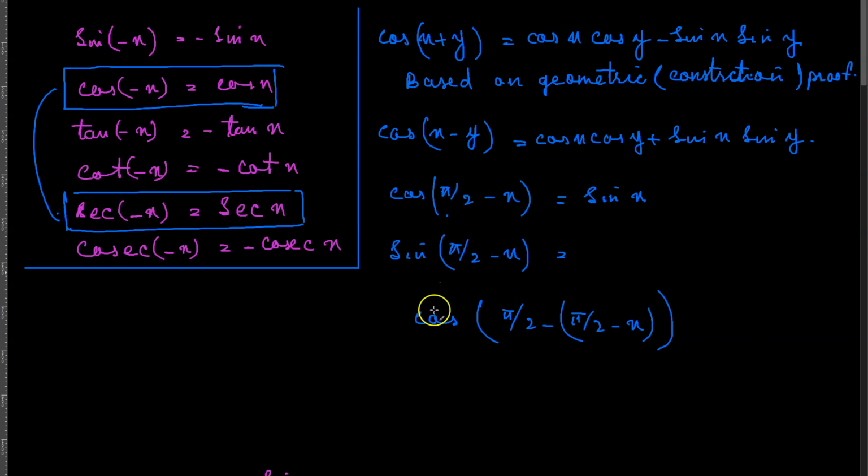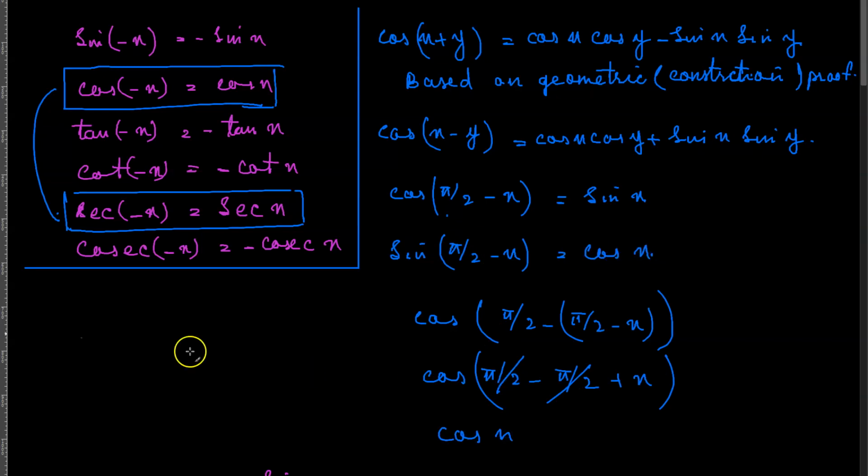So now I have written this as cos of pi by 2 minus pi by 2 plus x, and basically these two cancel out, and then you have cos of x. That means that sine of pi by 2 minus x is actually equal to cos x.